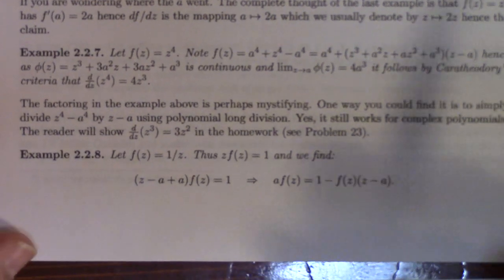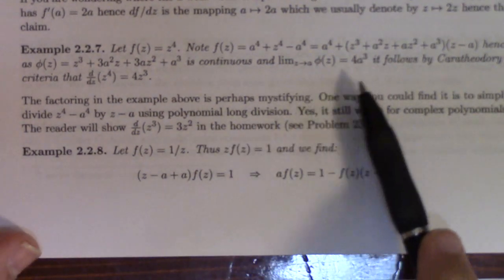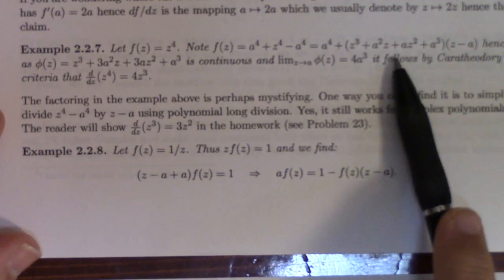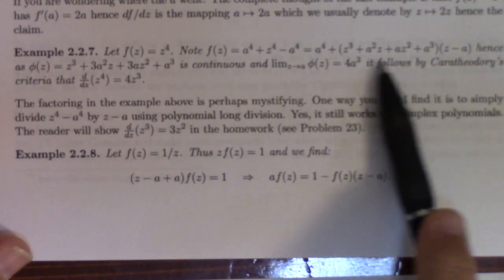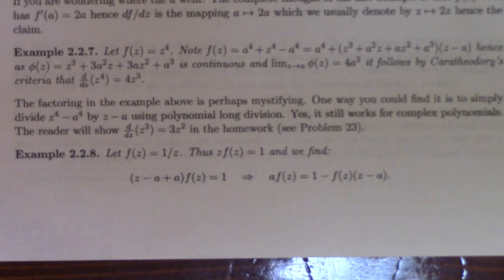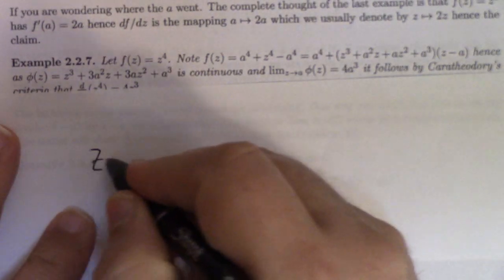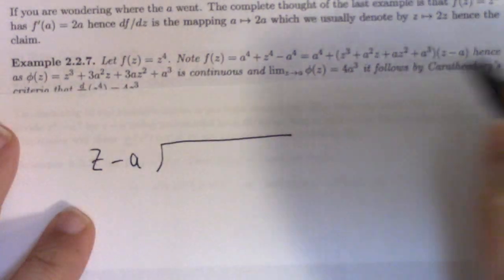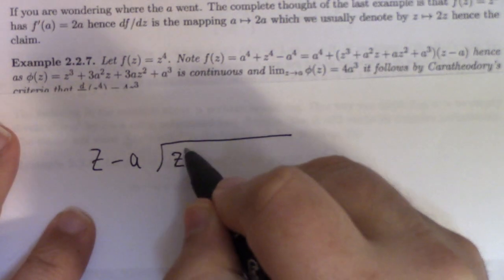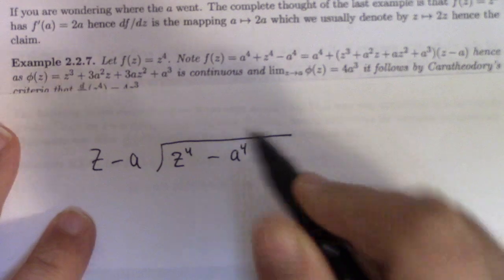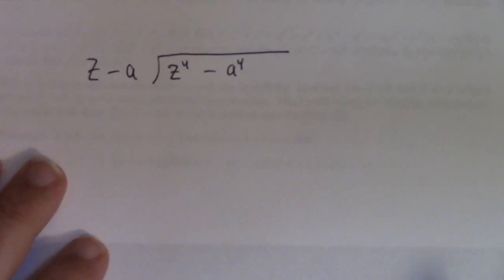And of course, I said you could find this polynomial right here using long division. I don't know if you know what I'm talking about or not, but if you're trying to divide z minus a into z to the fourth minus a to the fourth, let me just review that right quick.